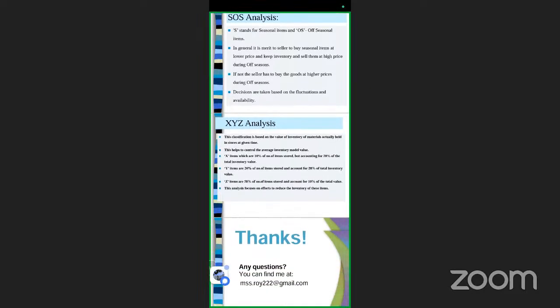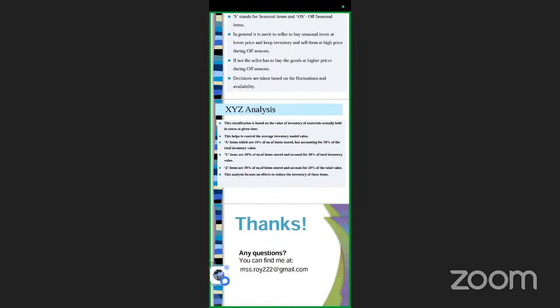XYZ analysis also looks like ABC analysis. In this XYZ analysis, X items are those that are 10% of the number of items stored but contain 70% of the total inventory. See, this is a little opposite to ABC. Y items are 20% of the number of items stored, accounting for 20%.